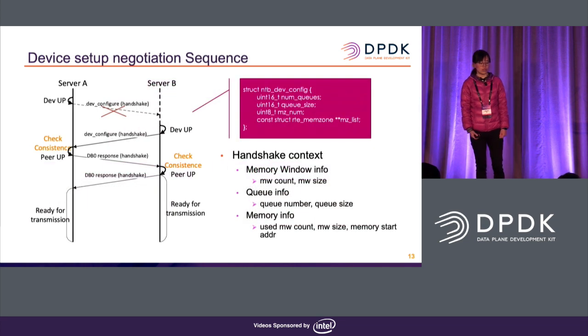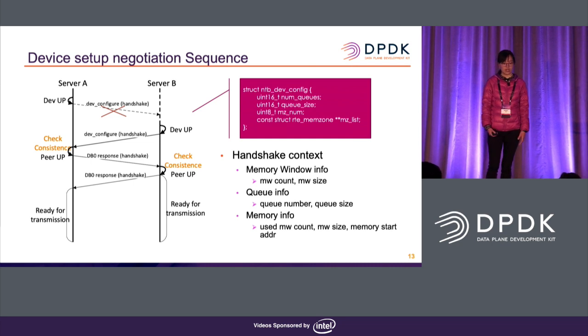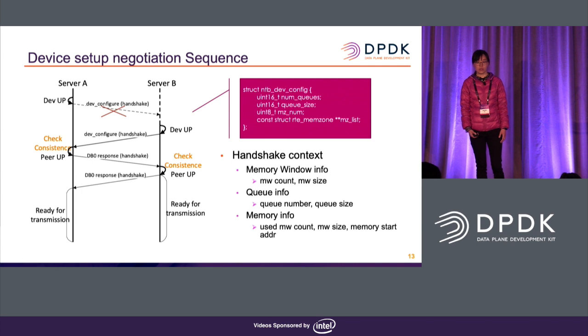Then let's go deeper into how the device is set up and which information we need to communicate with each other. For example, server A and server B are connected to each other by the Non-Transparent Bridge. When the driver is probed, the driver will try to set up the device, but the other side may not be up. When it is up, handshaking and negotiation happen when the link is up.